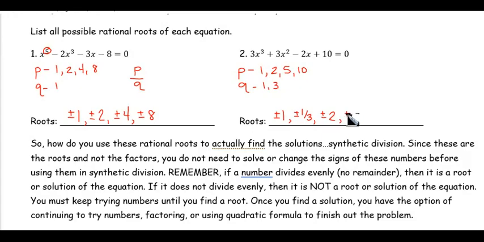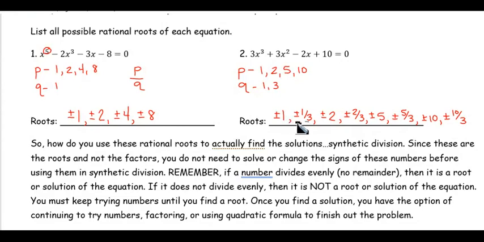And 2 divided by 3 is 2/3. 5 divided by 1 is 5. And 5 divided by 3 is 5/3. And finally, I've got 10 divided by 1, which is 10. And 10 divided by 3, which is 10/3.